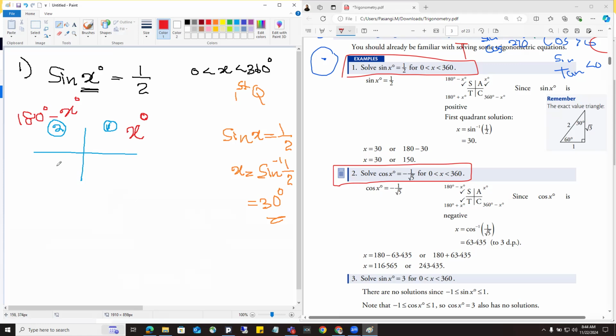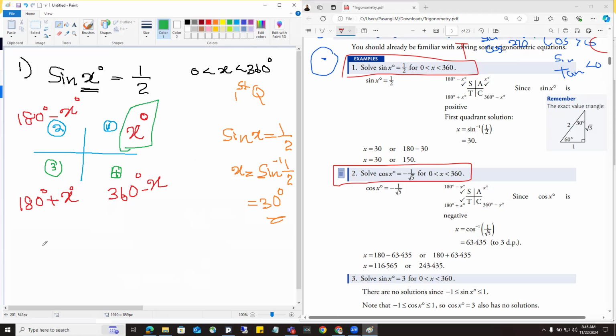For the third quadrant, if the angle lies in the third quadrant, that would be 180 plus x. If it's in the fourth quadrant, we can have 360 minus x.